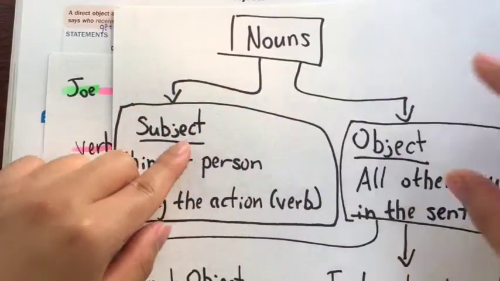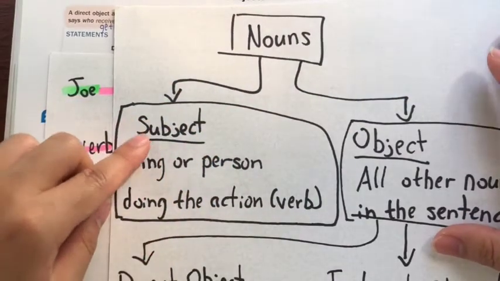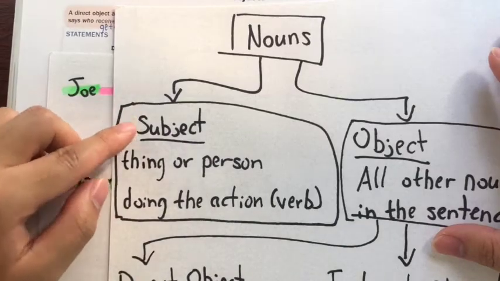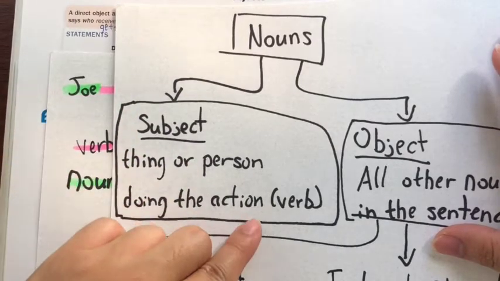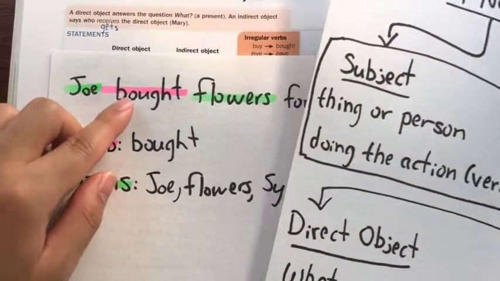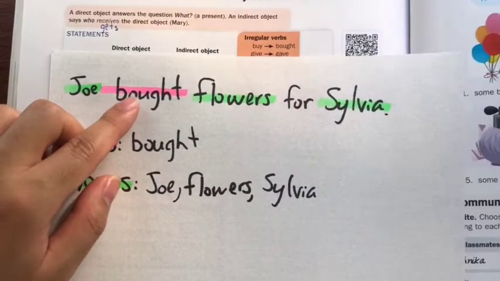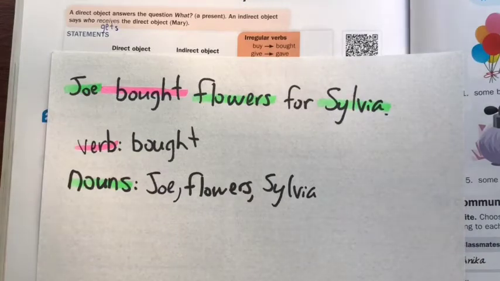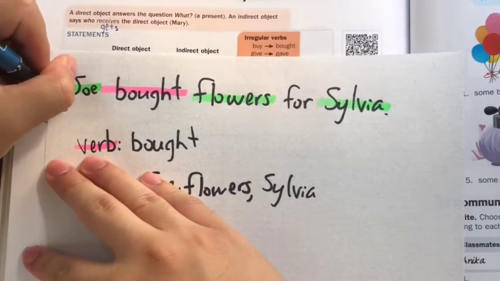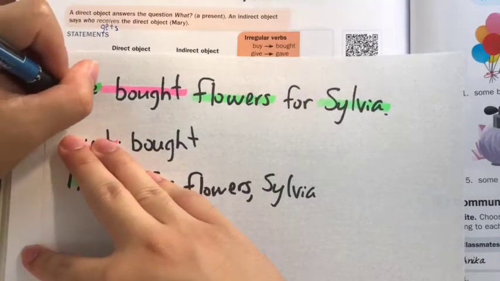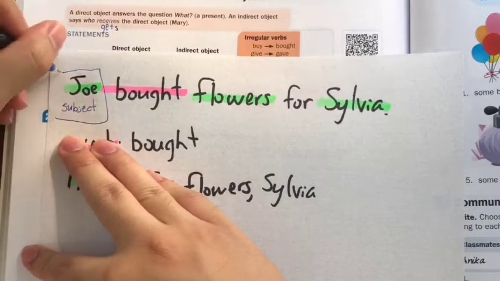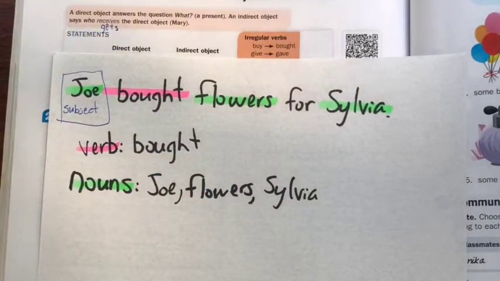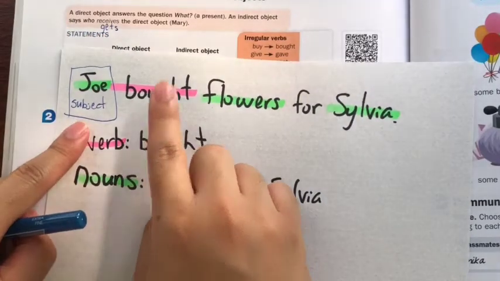There are two types of nouns. Let's look at the subject. The subject is the person doing the action, the verb. So who bought? Joe bought. So Joe is the subject. Joe is the person who bought.